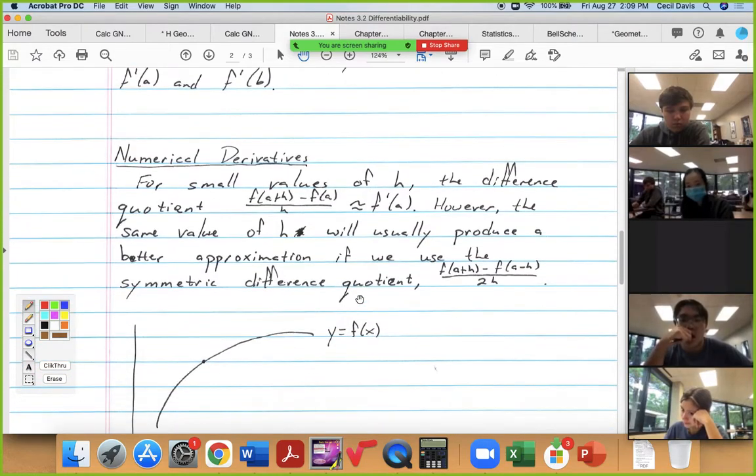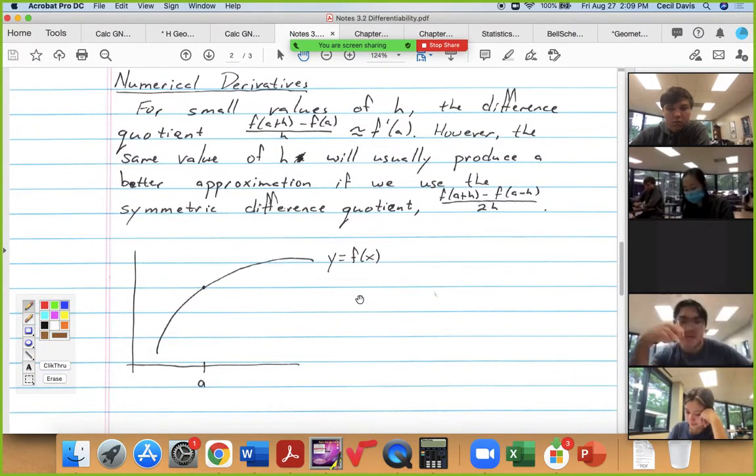Okay, so numerical derivatives. We have already kind of done this when we were estimating the instantaneous rate of change by putting in a point very close to the point where we wanted to find the instantaneous rate of change.